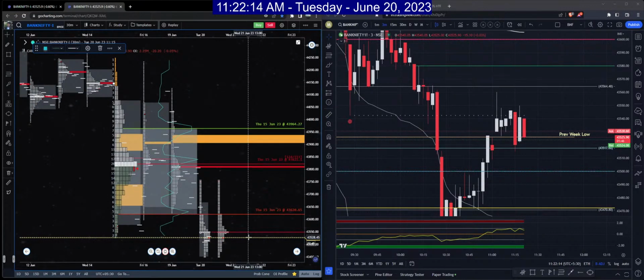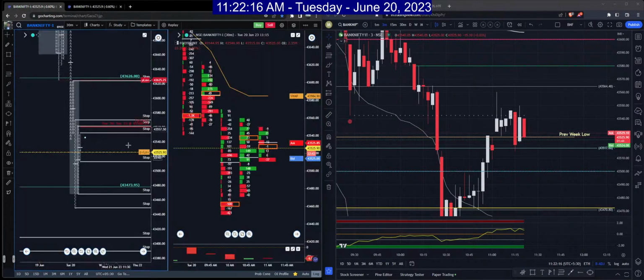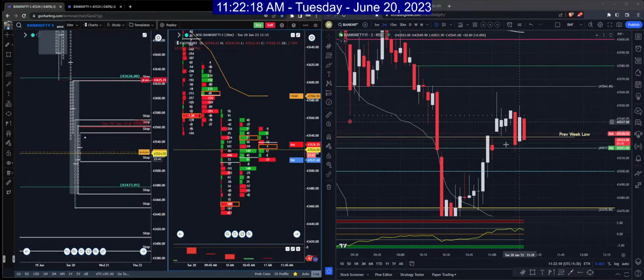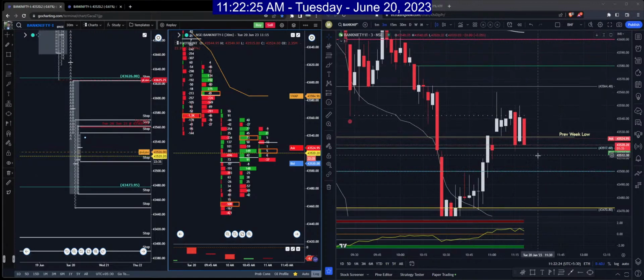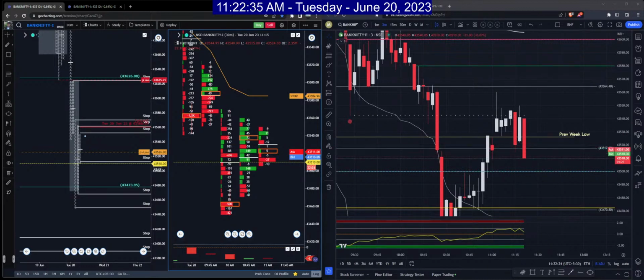Yeah, we are back within the range. But I'm seeing a lack of continuation. Again now the supply is coming in and they are inviting more sellers. A typical whipsaw effect is what I'm experiencing.